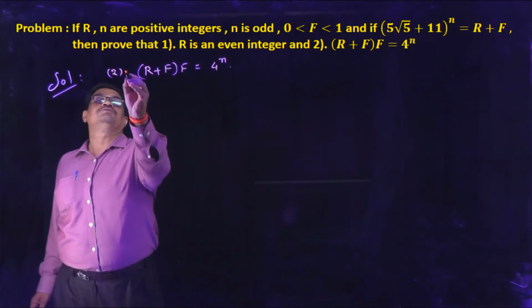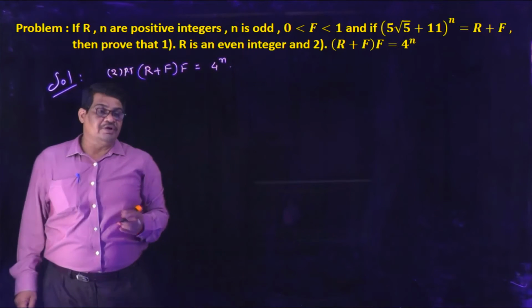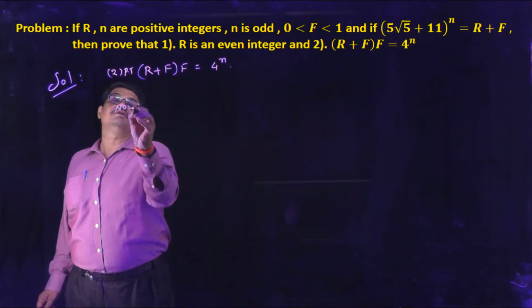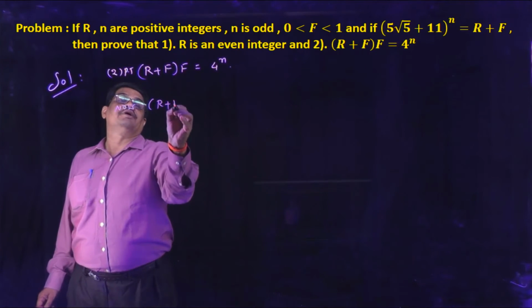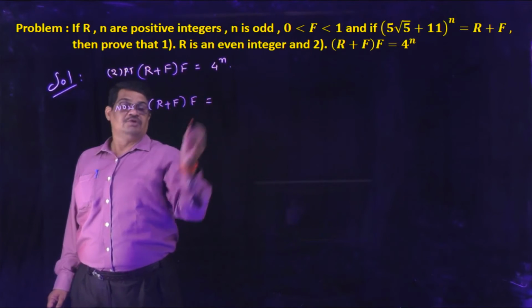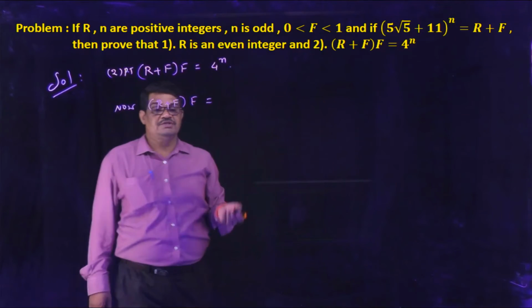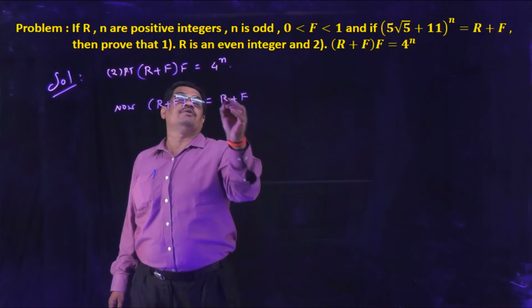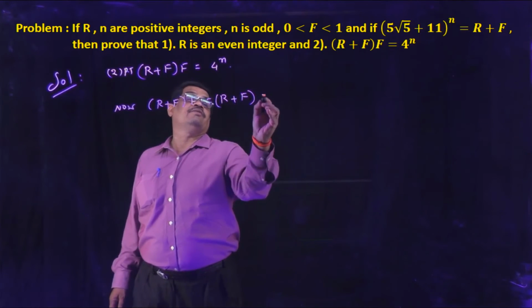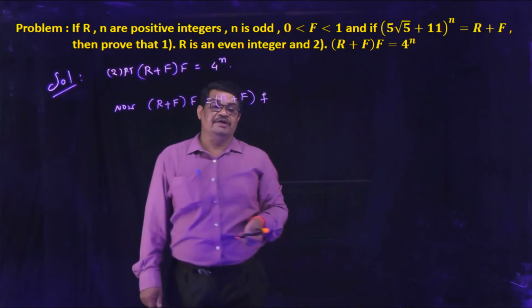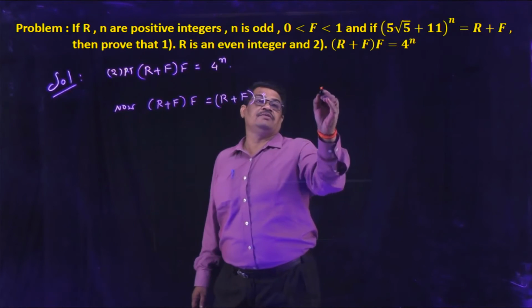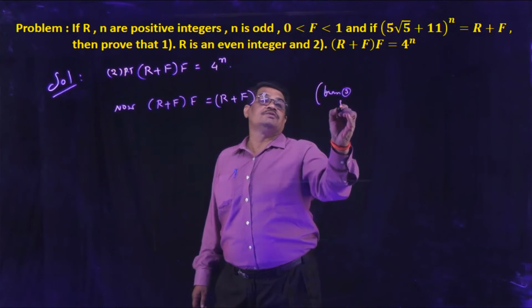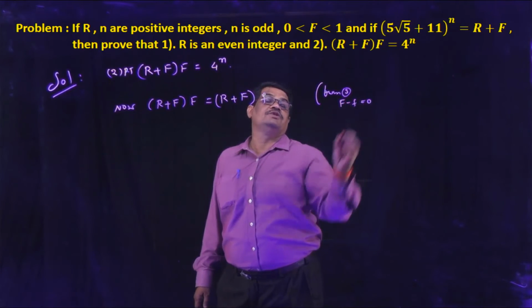Okay, we prove that. Now we take R plus F into capital F. Capital F is equal to small f, from equation 3, capital F minus small f is equal to 0.